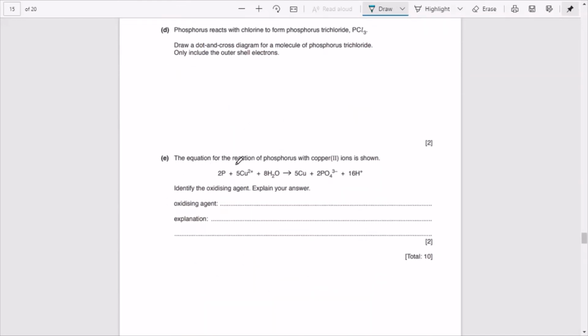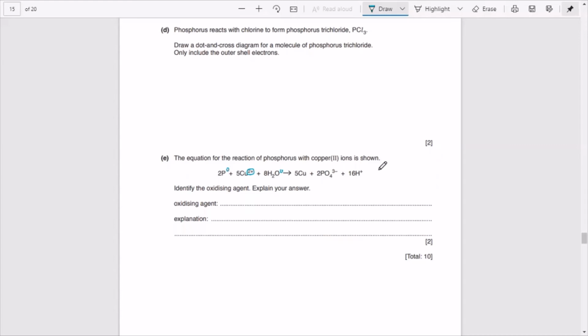Okay, so moving on to part E, the equation for the reaction of phosphorus with copper 2 ions is shown. Identify the oxidizing agent, explain your answer. For this, if we look at the oxidizing agent, it means it will be getting reduced itself. Here, if we talk about P, we have 0 over here, and H2 is neutral here, while Cu2 plus is plus 2.